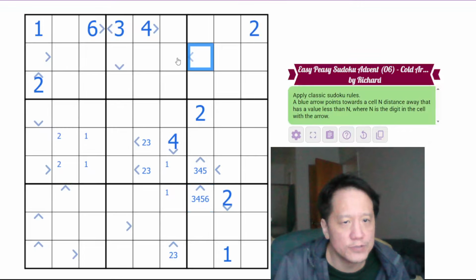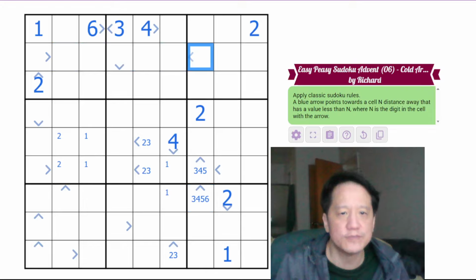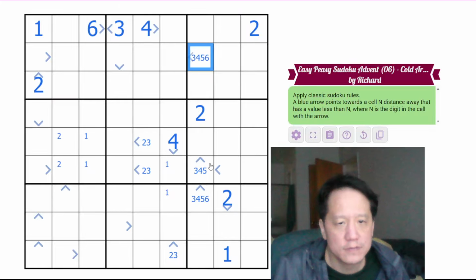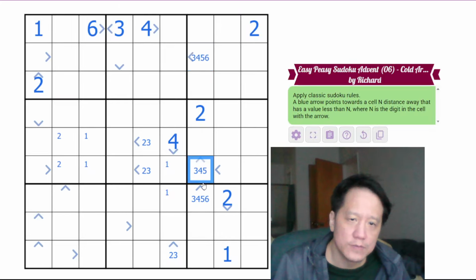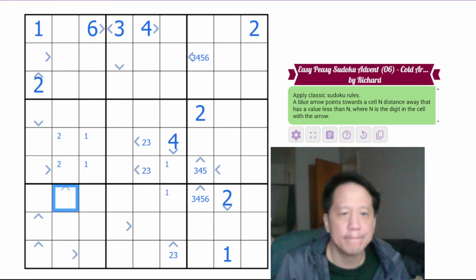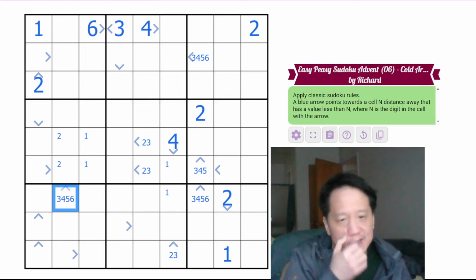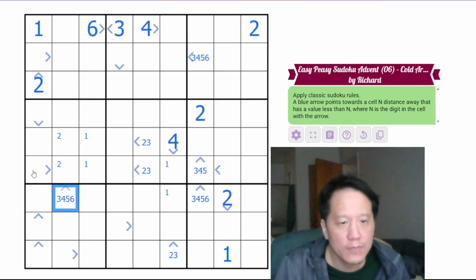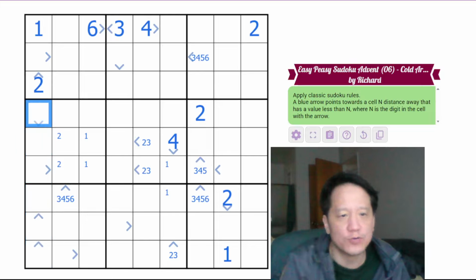This is up to 6 away, so this is 3, 4, 5, 6. This digit is up to 6 away, so it's 3, 4, 5, 6. This digit is up to 5 away, so this is 3, 4, or 5.